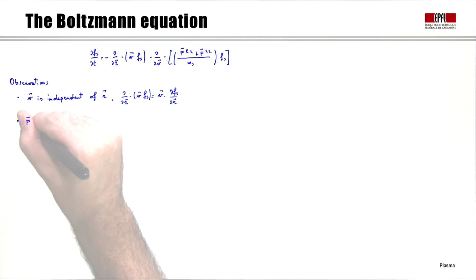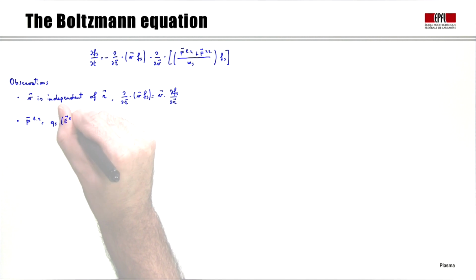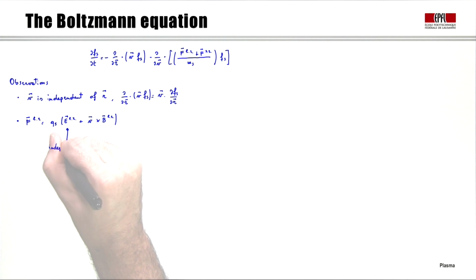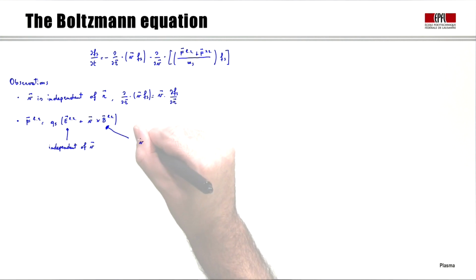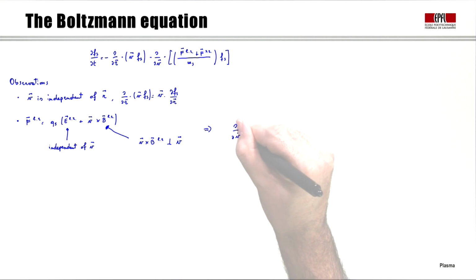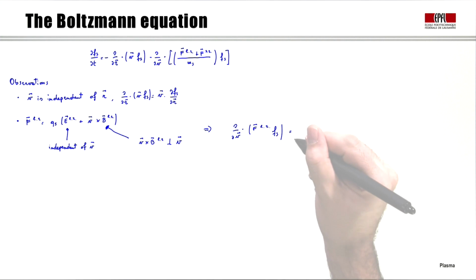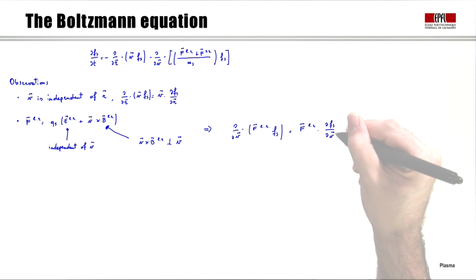So F long range, for example, will be equal to the charge of the particles multiplied by the long-range electric field, plus the Lorentz force. Now, the electric field is independent of v, and the Lorentz force is perpendicular to v. This implies that the divergence with respect to v of F long range fs is equal to the force long range dot dfs over dv.